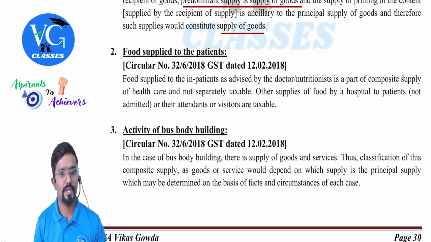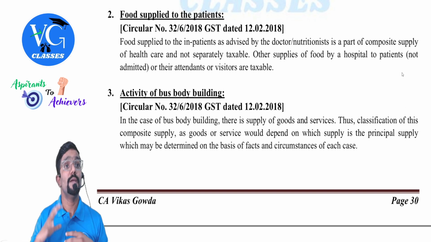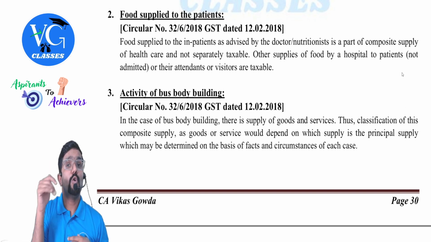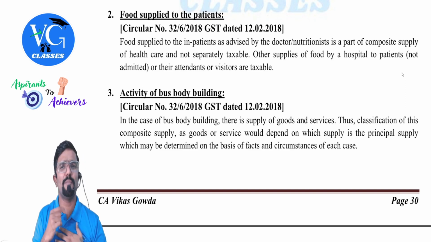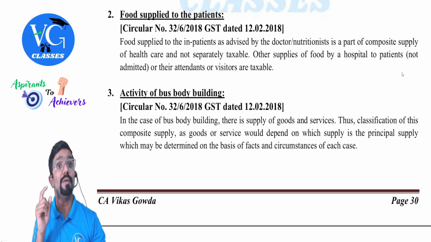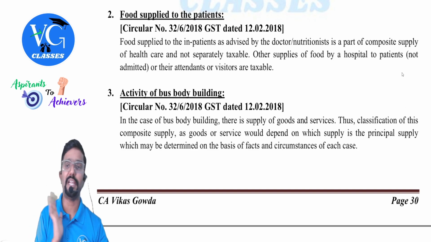Okay, next. Food supplied to inpatients. Guys, listen. When we go to the hospital, if I am admitted in a hospital, I am called an inpatient. Inpatient, not impatient. Inpatient means one who is admitted there.